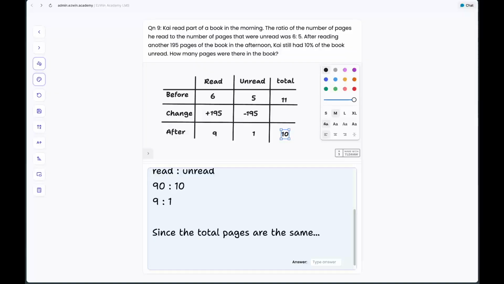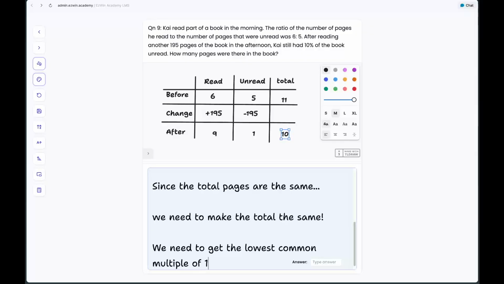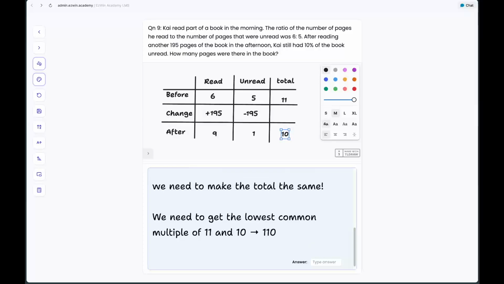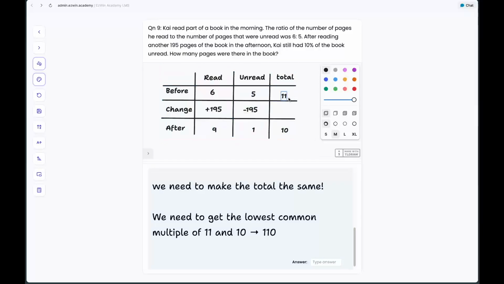So we need to make the total the same. We need to get the lowest common multiple of 11 and 10, which is 110. So we need to change this whole thing into the total of 110 as what we see over here. How do we get 110? This is basically 11 times 10, which is 110.